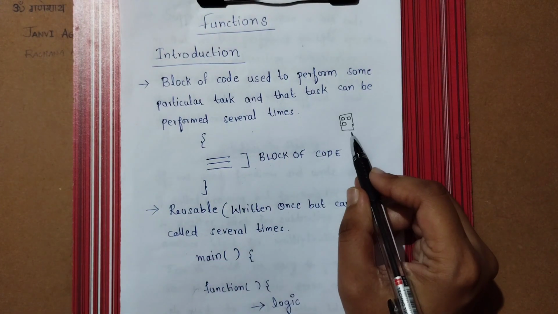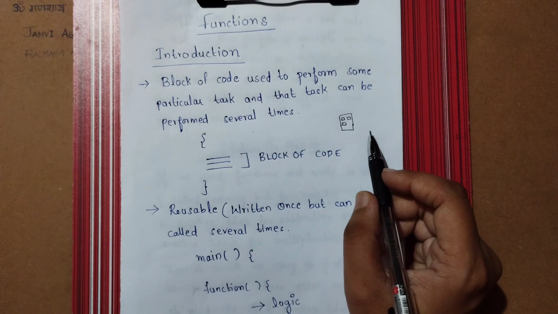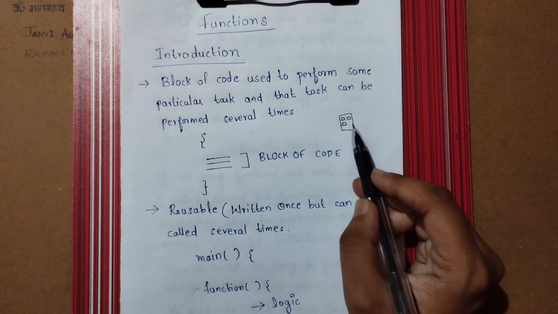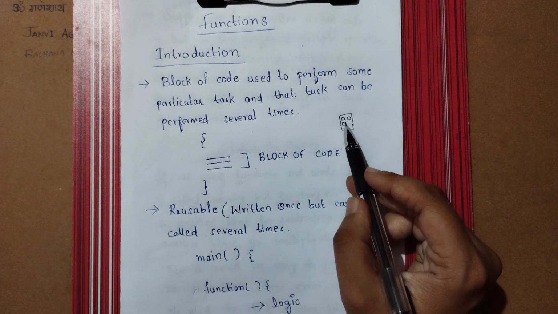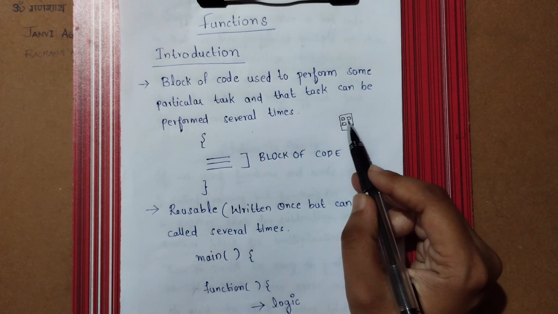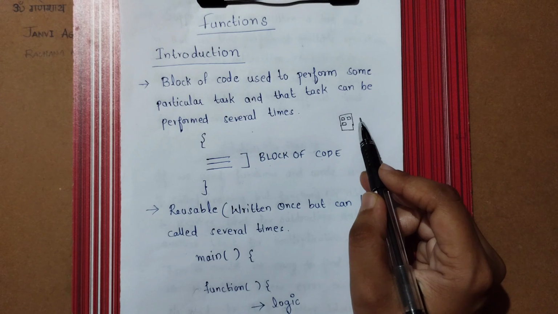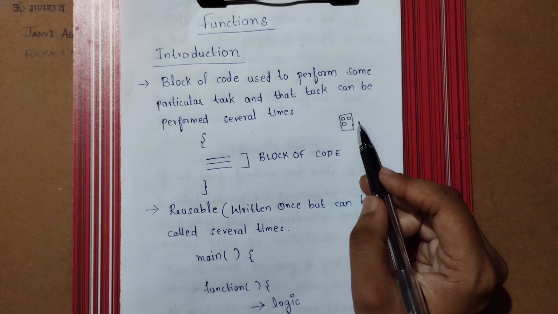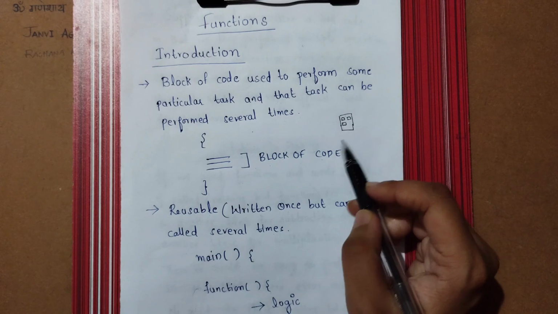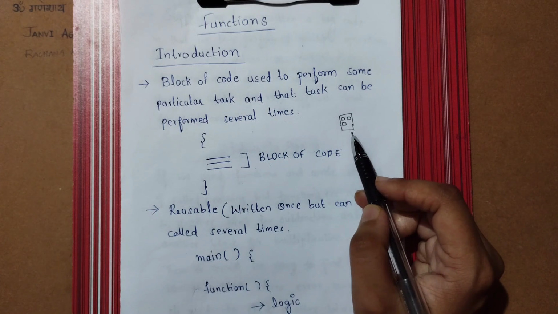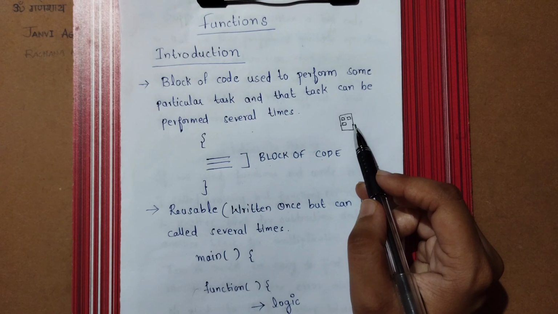Suppose we have a TV remote. In the TV remote, we have different buttons. One is to turn on the TV, one is to change channel, one is to mute the video. In terms of code, suppose the logic is written one time, like the logic to turn on the television. Code is written only once, but we are performing the activity several times. To turn on the TV, we are performing some action.